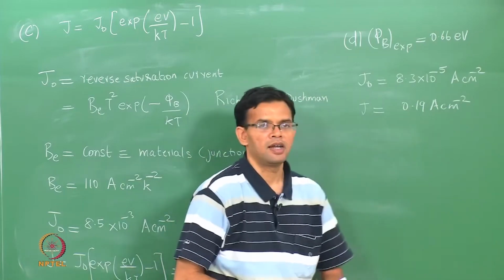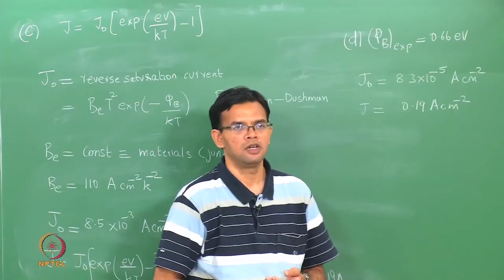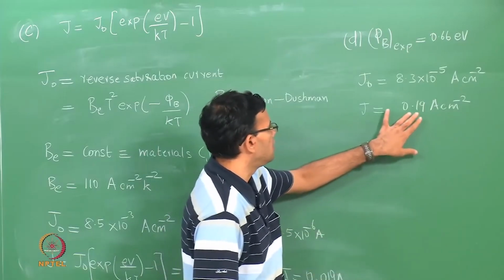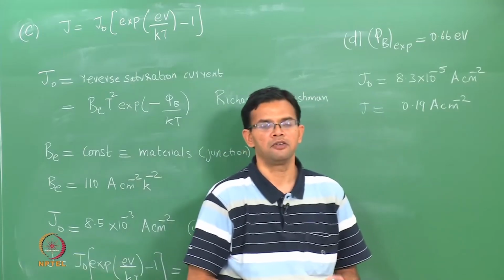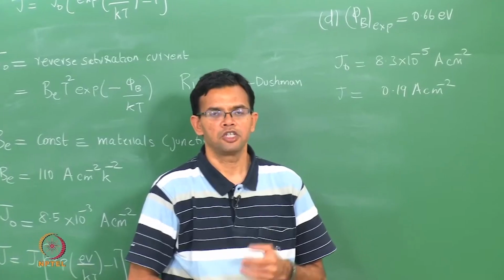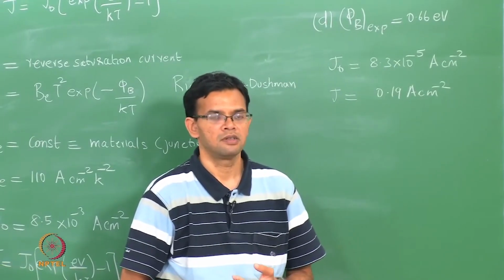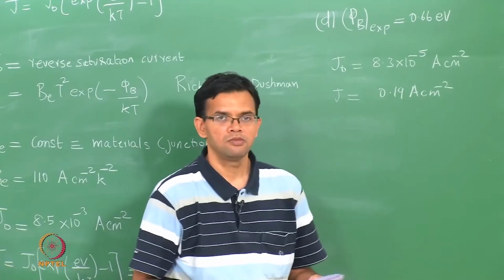So, the actual current is slightly lower than what we would expect if you use the theoretical values, but the important fact is that it is still 4 orders of magnitude higher than J naught. So, that your Schottky diode or your Schottky junction still functions as a rectifier. So, let us now go to the next problem.